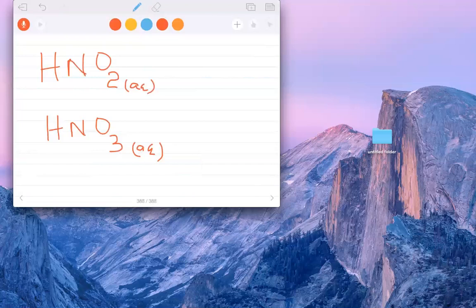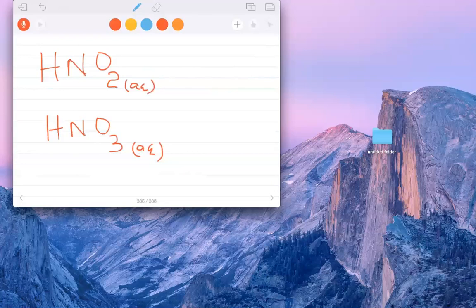Well, how do we name ternary oxy acids? I've given you the criteria by which you can classify a compound as a ternary oxy acid. It must have oxygen in it, it must have hydrogen in it, and aqueous, of course.